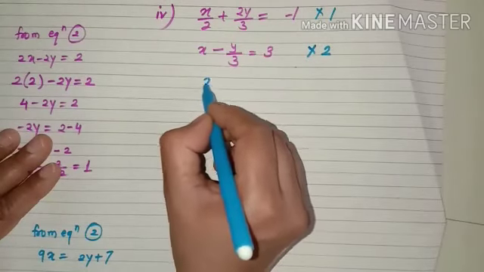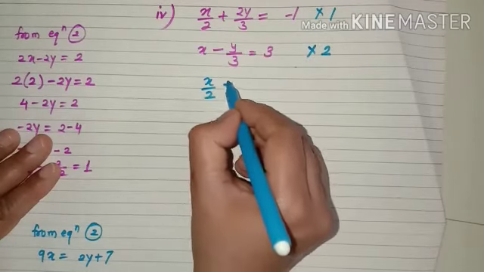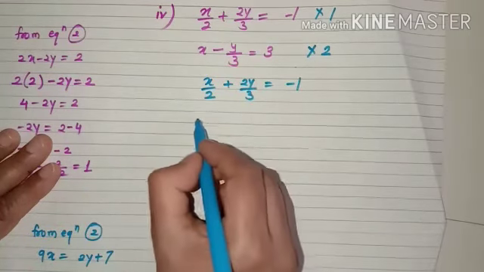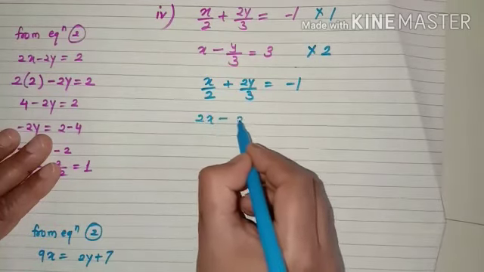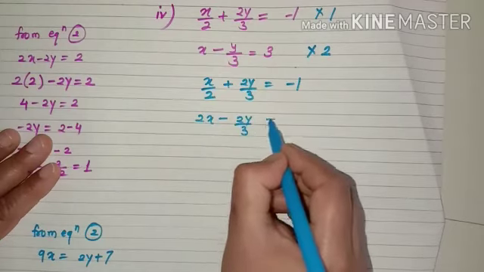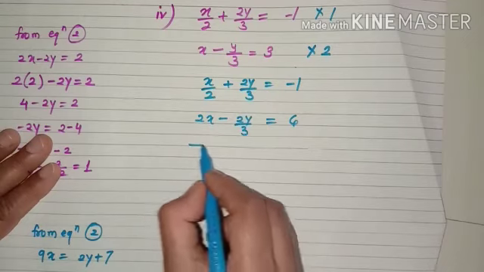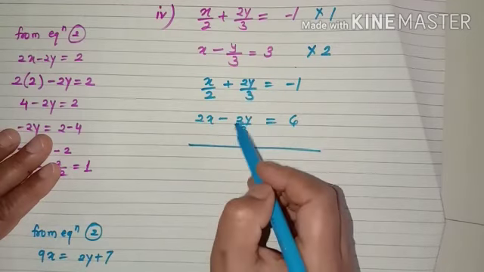So we will get as it is x upon 2 plus 2y upon 3 equal minus 1, and 2x minus 2y upon 3, 3 2s are 6. Both the terms with different signs.